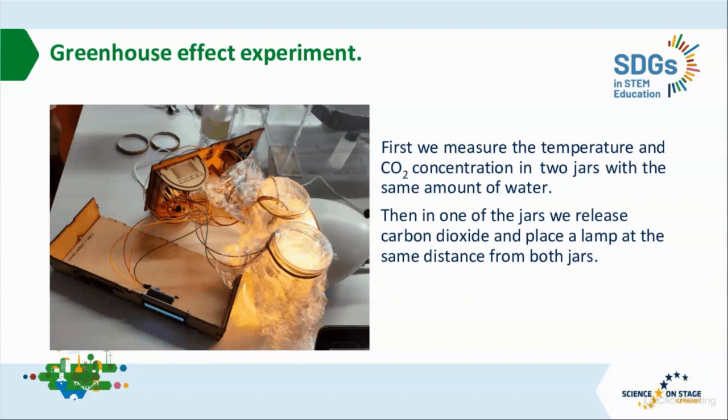And then you place the carbon dioxide sensor in the one where you're going to produce the chemical reaction, and then you close the two jars very carefully, just to make sure that no gas is released out of the jars, especially the one in which you're going to produce the chemical reaction.